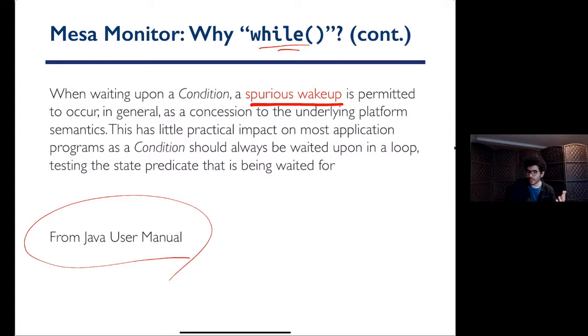So it's possible that a thread calling wait wakes up without even receiving a signal. And that's why you definitely want to call while. You want to check the condition again and see if really you're fine to go. And if not, then you want to put yourself to sleep again.